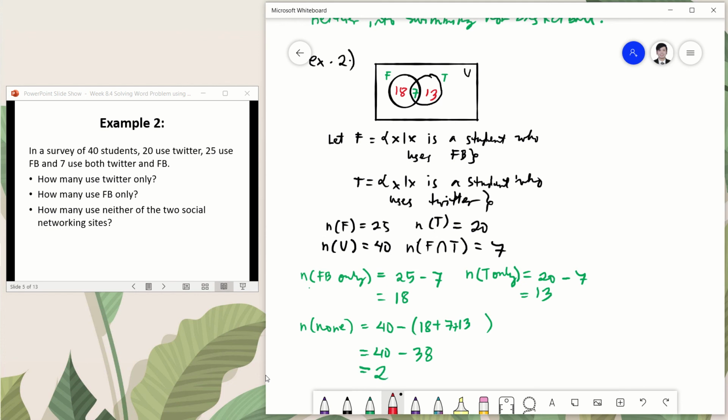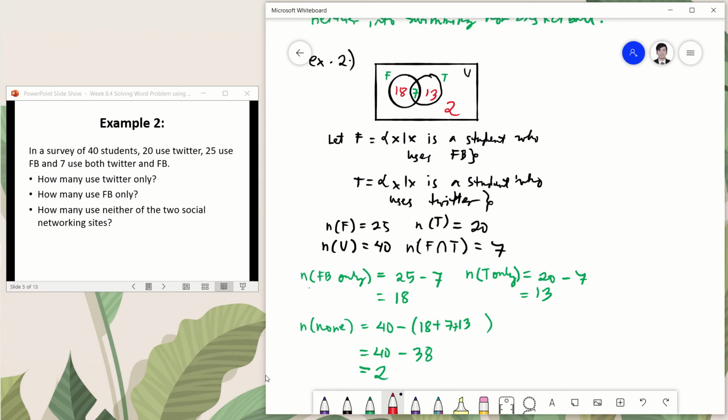So where is the area for those who don't like any of the social media sites that we have? Outside the two circles but inside the rectangle: 2. Now we can answer the three questions. This is how we will come up with a conclusion based on the results.